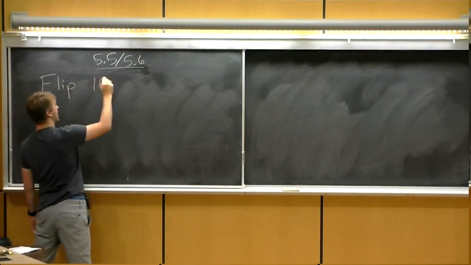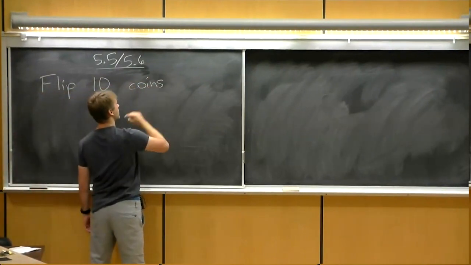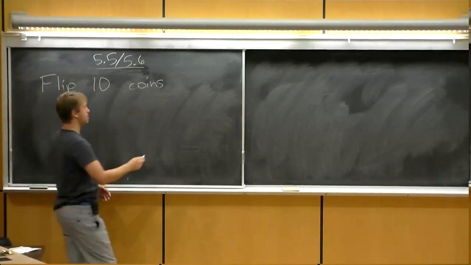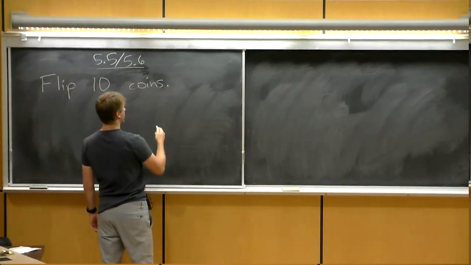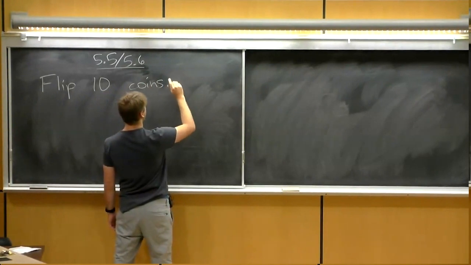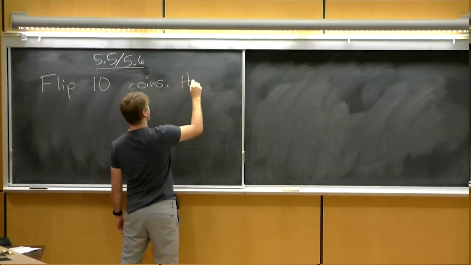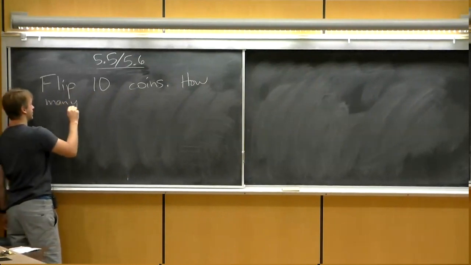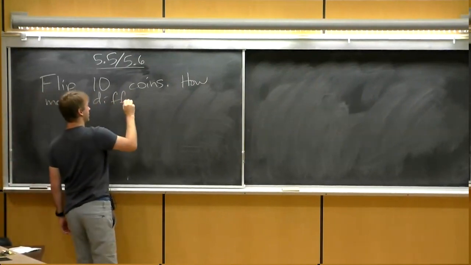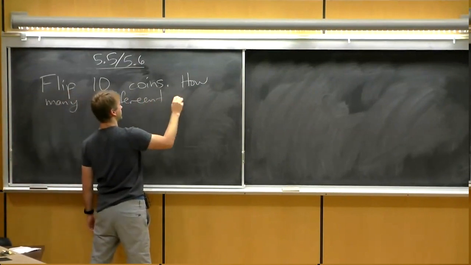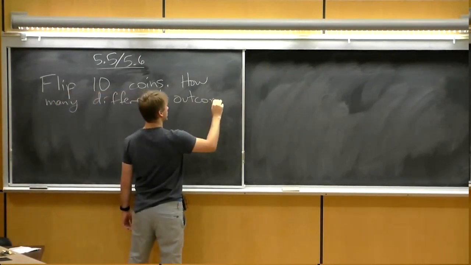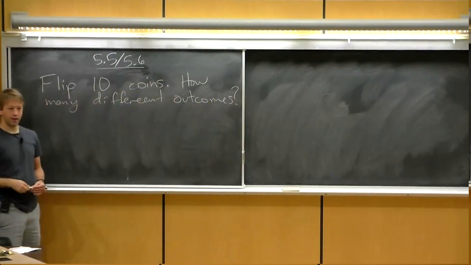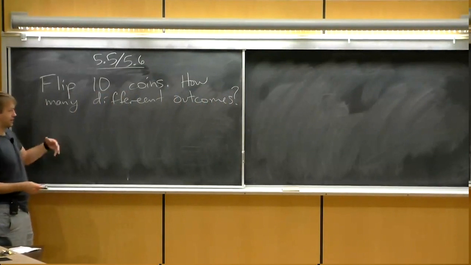So suppose we flip 10 coins. How many different outcomes are there? Okay, and I'm going to think of this as flipping the coins in order.